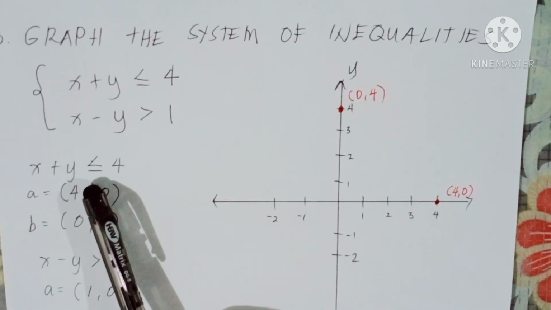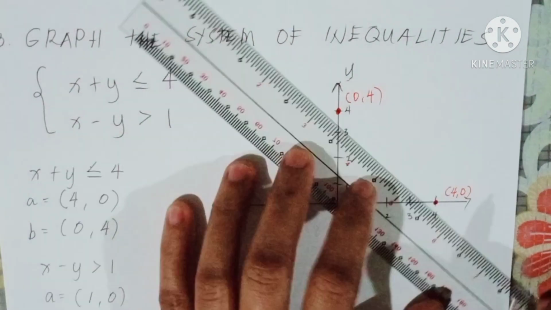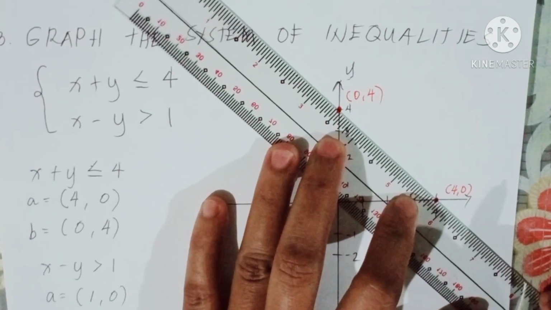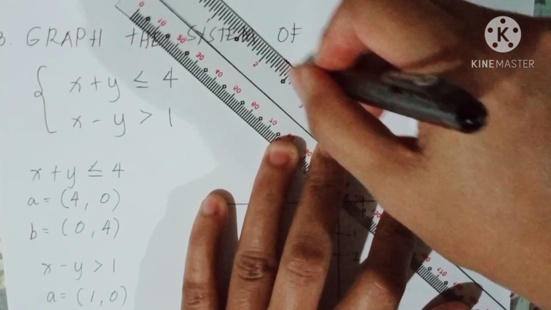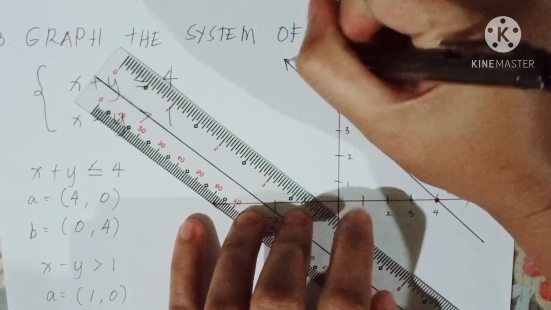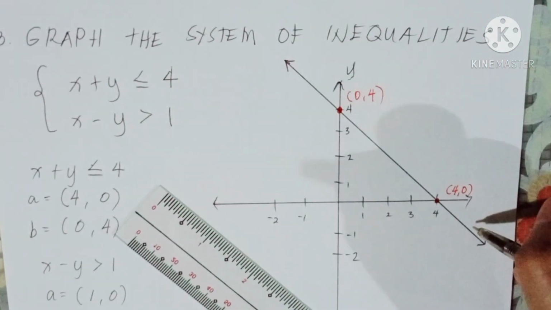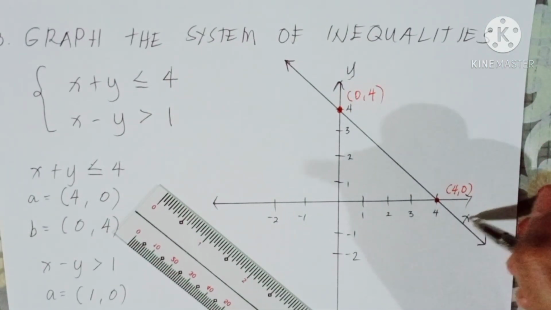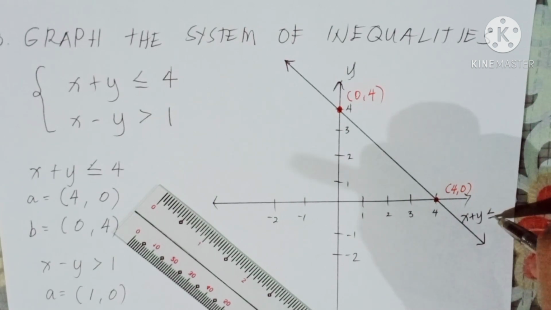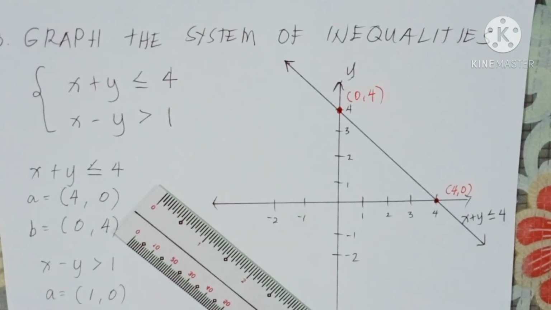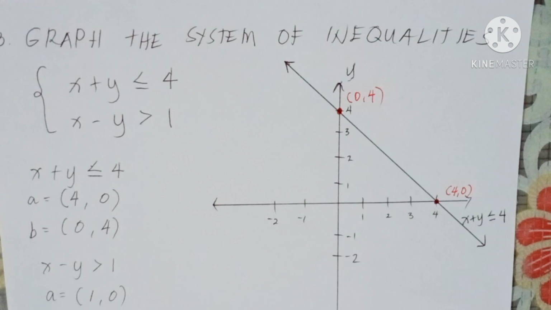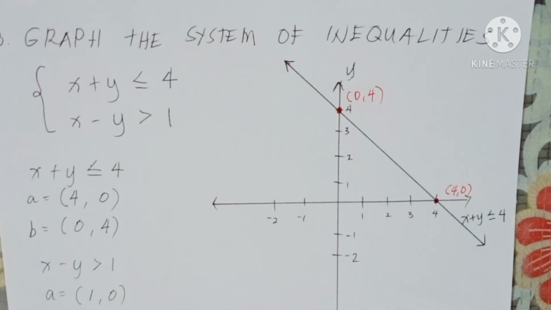So we have to use a solid line, straight. Okay. So you can write here, x plus y is less than or equal to 4. So that is the boundary line for x plus y less than or equal to 4.